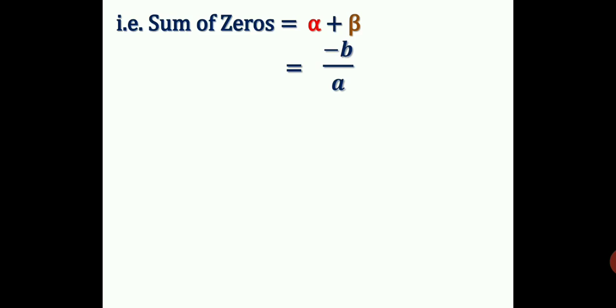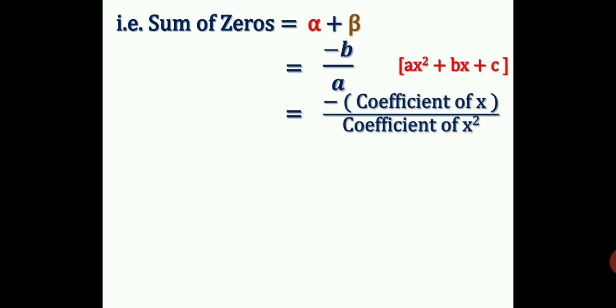Now we get a condition for the sum of the zeros and the product of the zeros. The sum of the zeros, alpha plus beta, is equal to minus b by a, and the product of zeros is alpha into beta. But what is b? In the standard equation ax square plus bx plus c, b is the coefficient of x, and a is the coefficient of x square.